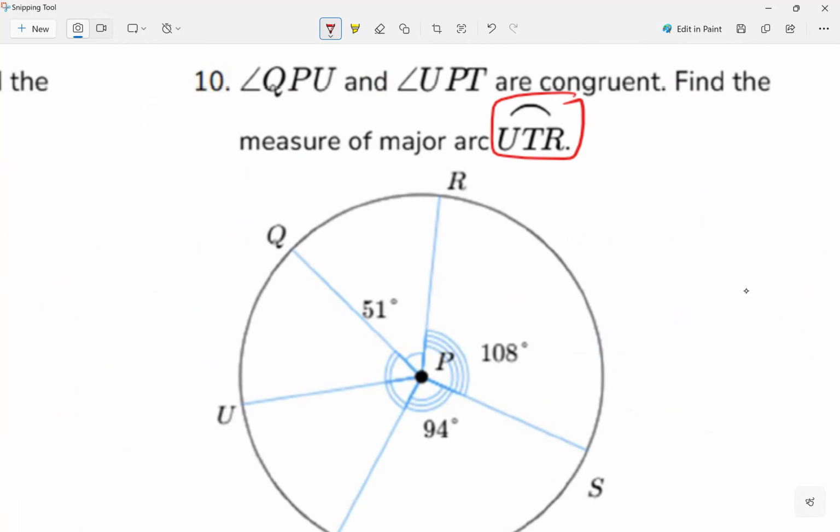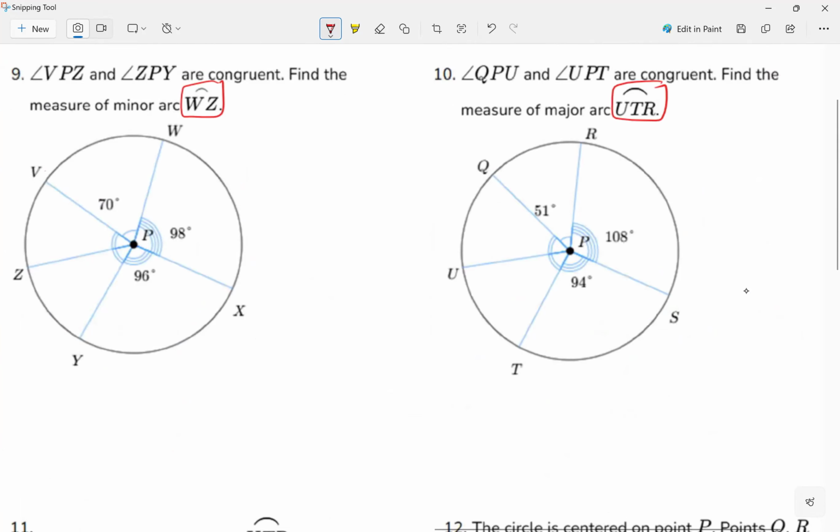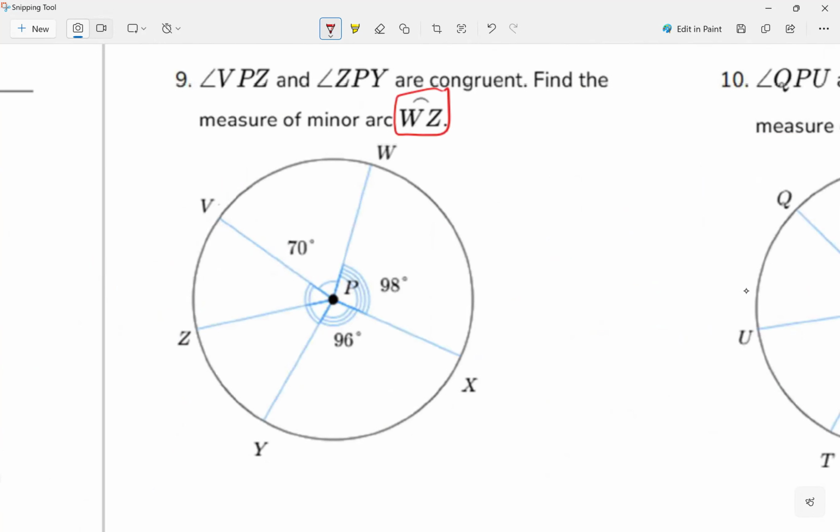When I use two letters, like here, arc WZ, I want you to start from W to Z the shortest way possible. Okay, so we're gonna call that a minor arc, basically the small angle, and they tend to be less than half of a circle. Like I said, I want you to start at W and finish at Z the shortest way possible.